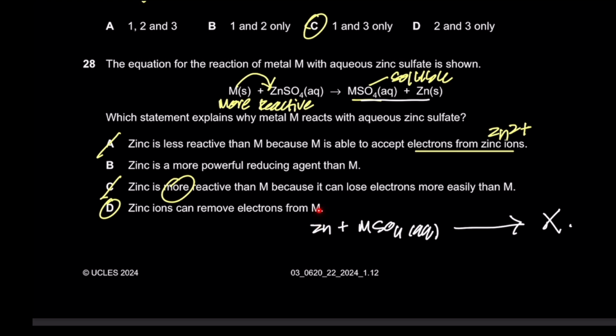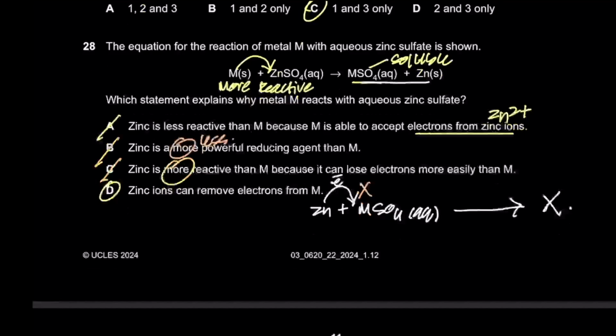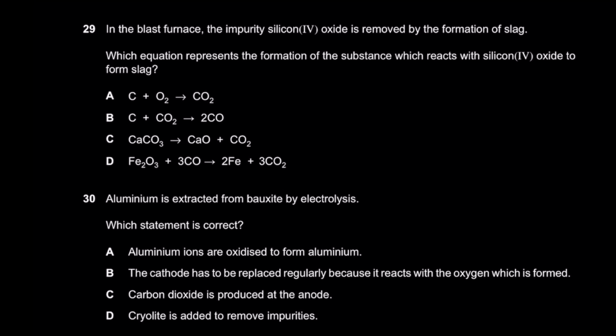A substance that oxidizes itself to reduce another. Can zinc reduce this metal? Can zinc give electrons to this M and reduce it to make it into a metal M and become a part of this salt? Absolutely not, right? There is no reaction. Zinc cannot reduce. Zinc cannot give its electrons to M. It cannot do that, right? Because it is not a more powerful reducing agent, it's a less powerful reducing agent. So B is also wrong. I don't think such an MCQ should have been tested, to be honest. Using too much brain.